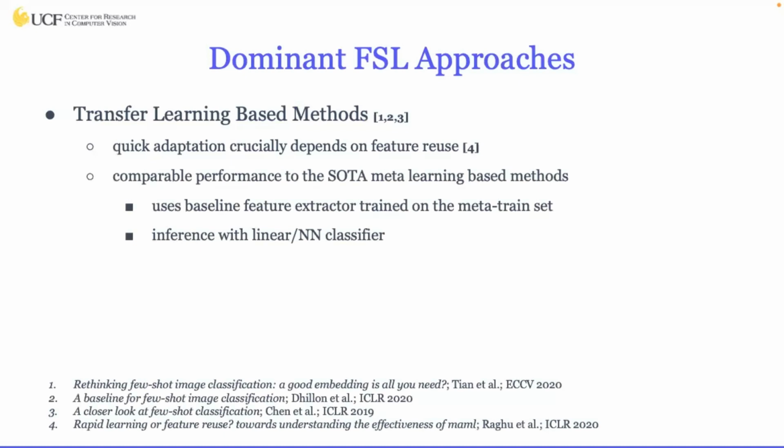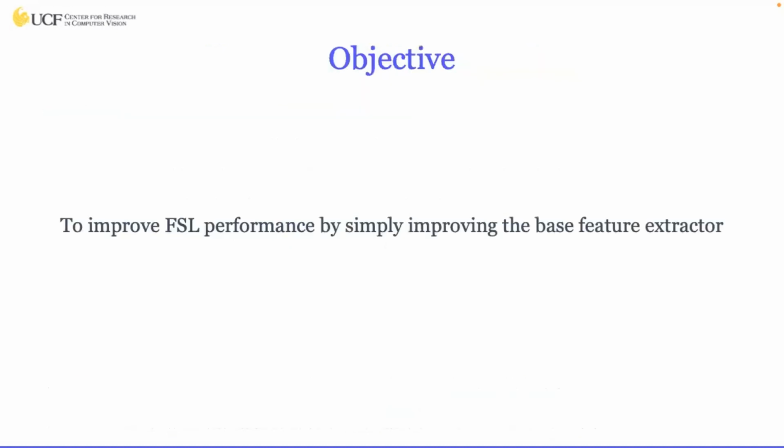In these methods, we train a baseline feature extractor on all the labeled data. Then during inference, to recognize new classes, we can simply use a nearest neighbor or a linear classifier. And surprisingly, these methods achieve comparable performance to state-of-the-art meta-learning-based methods. Therefore, the objective of this work is to improve few-shot learning performance by simply improving the base feature extractor.